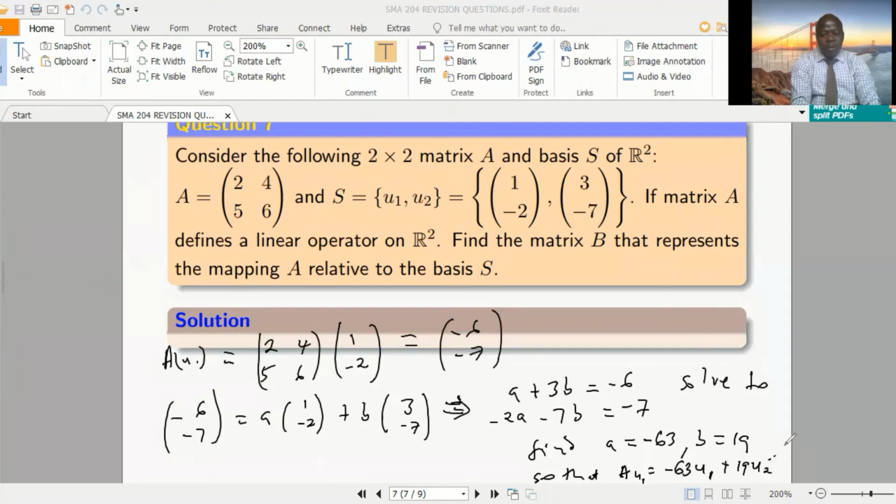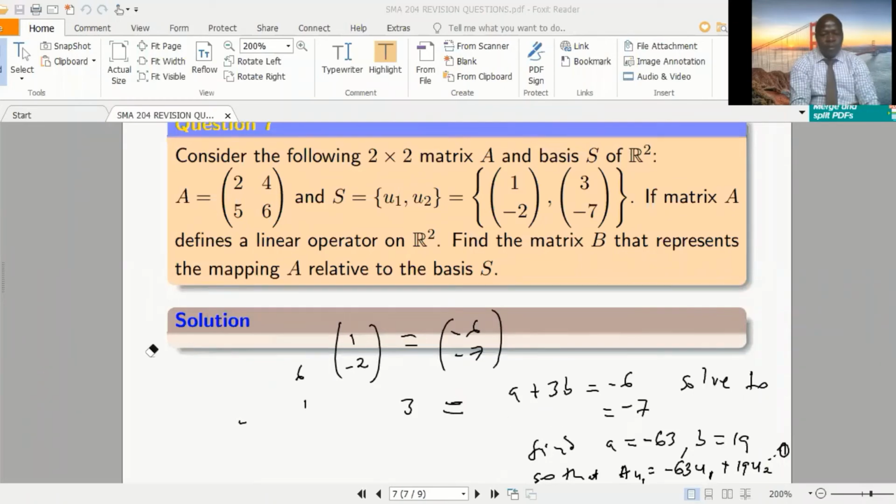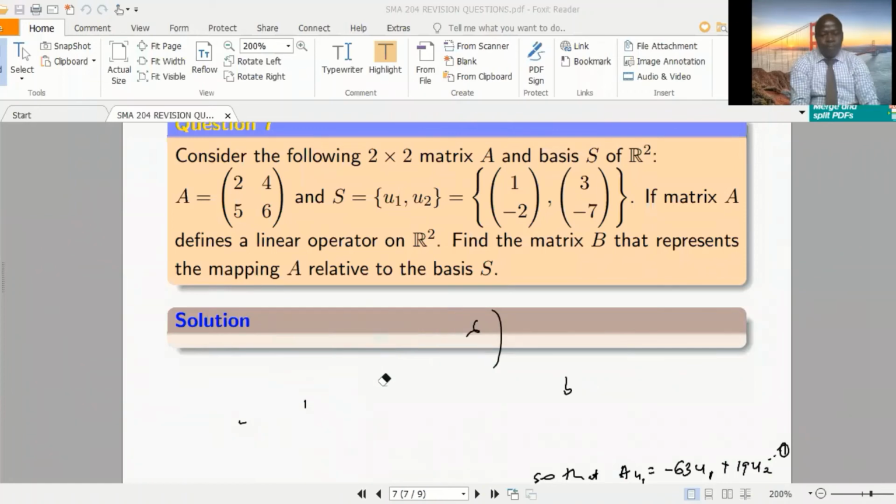This is our equation 1. Let me create some space. So you have equation 1 there. So we need to find equation 2, and then we write the matrix representation of B.